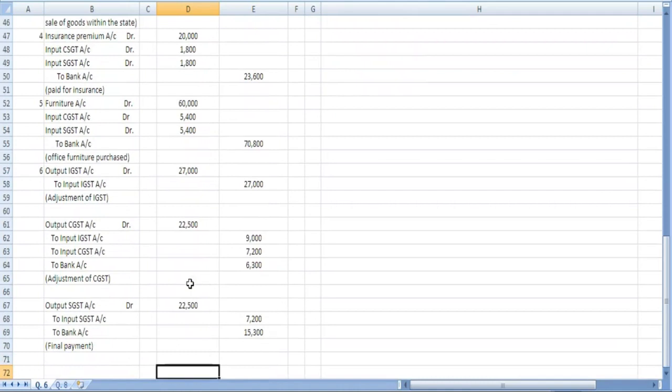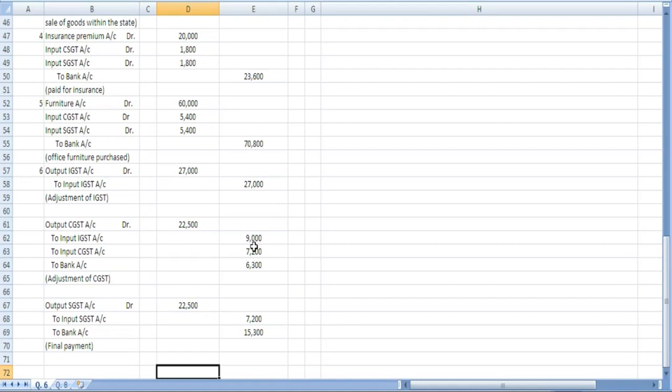So that came as 7,200. And the previous input IGST, which was not adjusted, we adjusted with our output CGST. And the balance will be paid off.